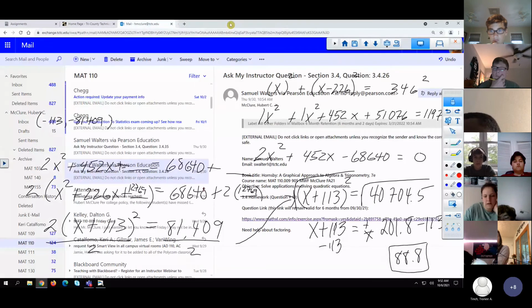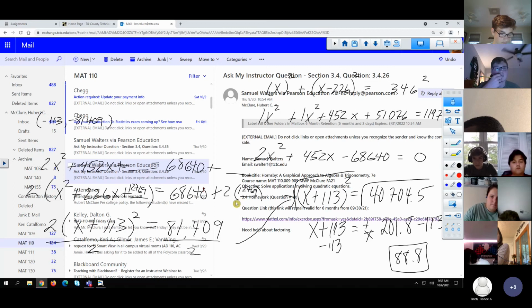On this one where you did the 68,640 plus 2 times 12,769, I think the 2 times 12,769 was supposed to be 94,178. So this 81,000 is supposed to be 94,178.